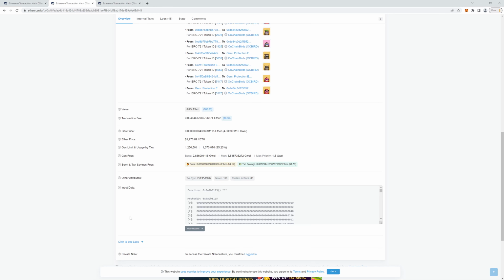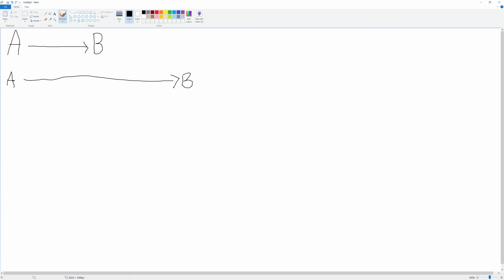So now that we know the gas, the one part is how much gas is required to get from A to B to do your transaction. The second part is the price of the gas. So the price you need to pay for your petrol or your gas per liter, per gallon. Those two things combined make up the final price.